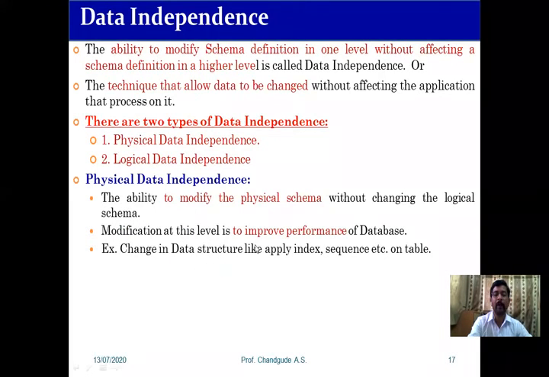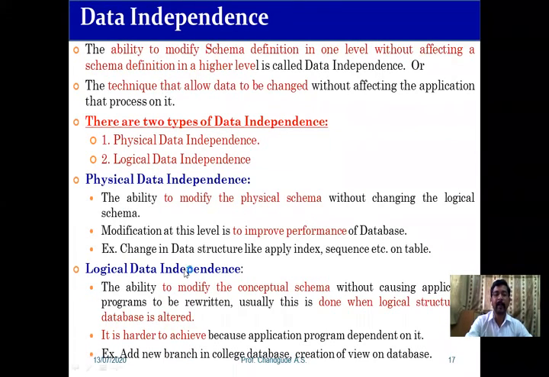If we are supposed to apply such tasks on that particular database or tables, indirectly we are trying to make a change in the physical structure of that database. But all these things are expected without affecting the next level, without changing the logical schema.